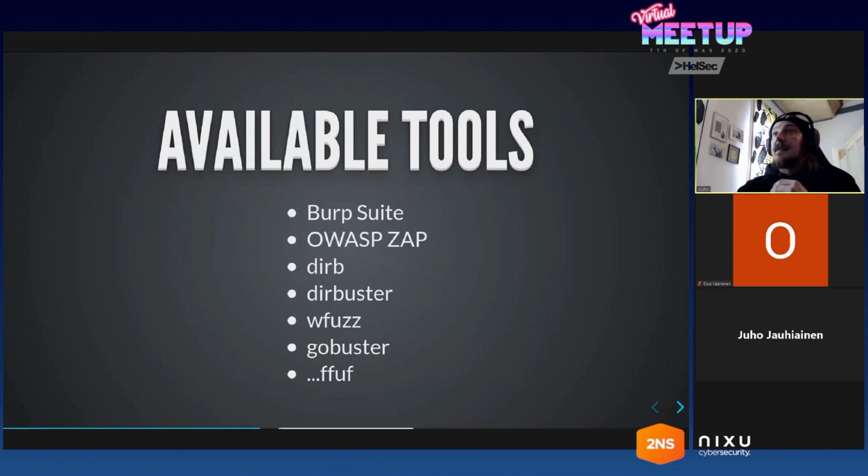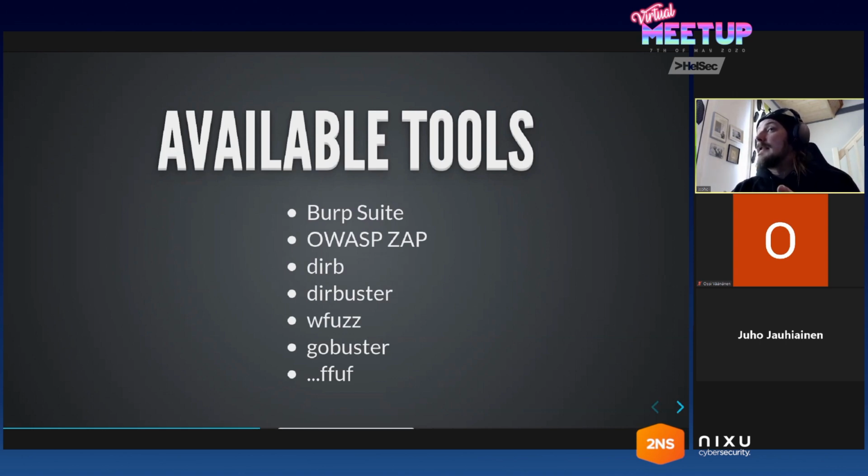There are a ton of tools that are able to do some of these things, or most of these things, or all of these things. There's Burp, everybody knows and loves. OWASP Zap, quite a big, good project as well. Dirb, Dirbuster, wfuzz, which is really similar to pfaff, written in Python, good tool as well.